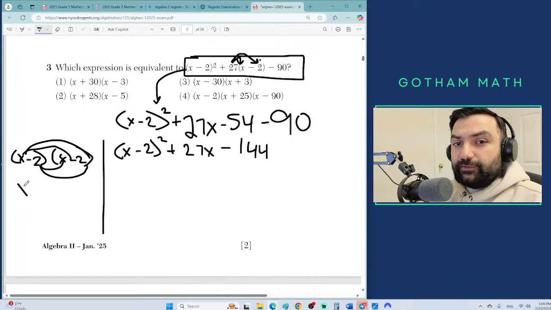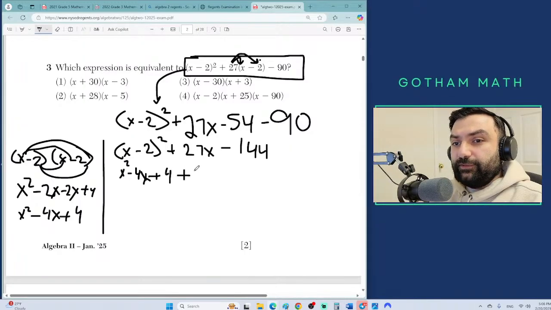So x times x, x squared, x times negative 2 is negative 2x, negative 2 times x is negative 2x, and negative 2 times negative 2 is plus 4. So the answer will be x squared minus 4x plus 4. Let's go. X squared minus 4x plus 4 plus 27x minus 144.